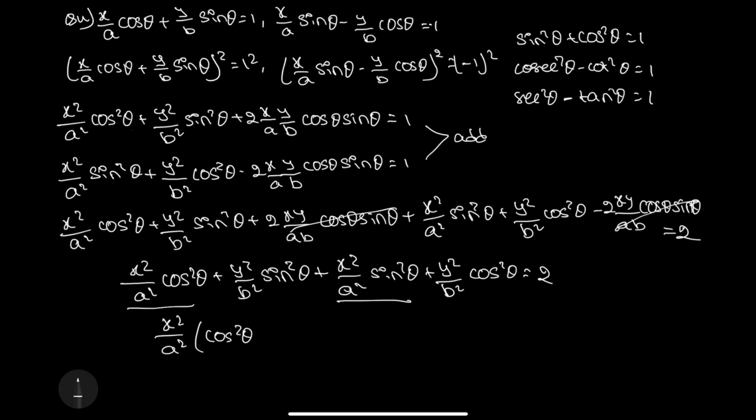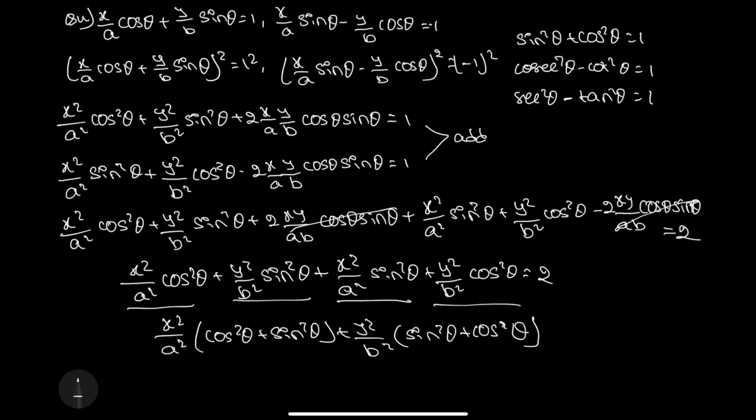We'll get cos square theta plus sin square theta. And from these two terms we can take out y square by b square as common. We'll get sin square theta plus cos square theta. And we have our identity: the sum of the squares of sin square plus cos square is equals to 1. We'll get x square by a square plus y square by b square is equals to 2.